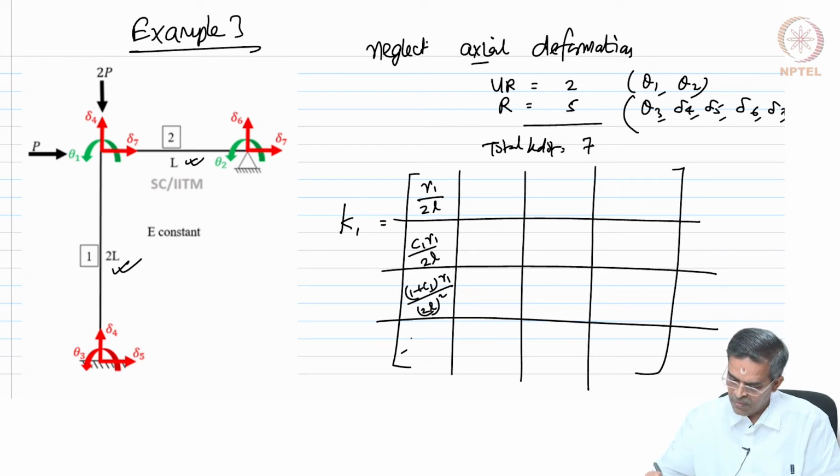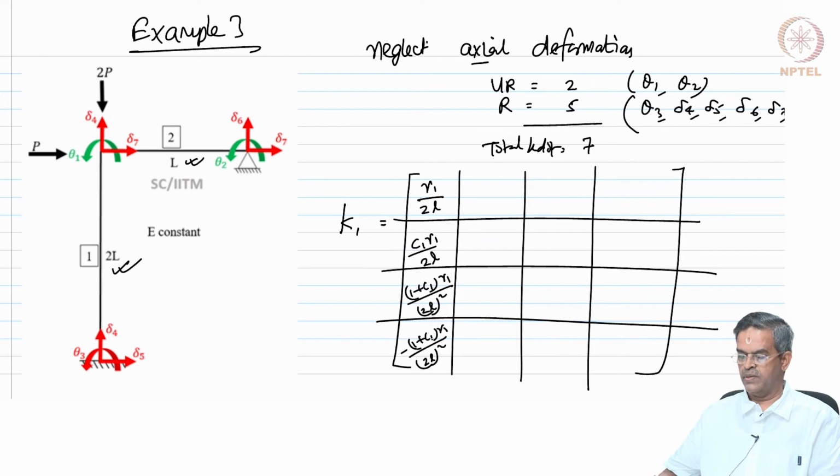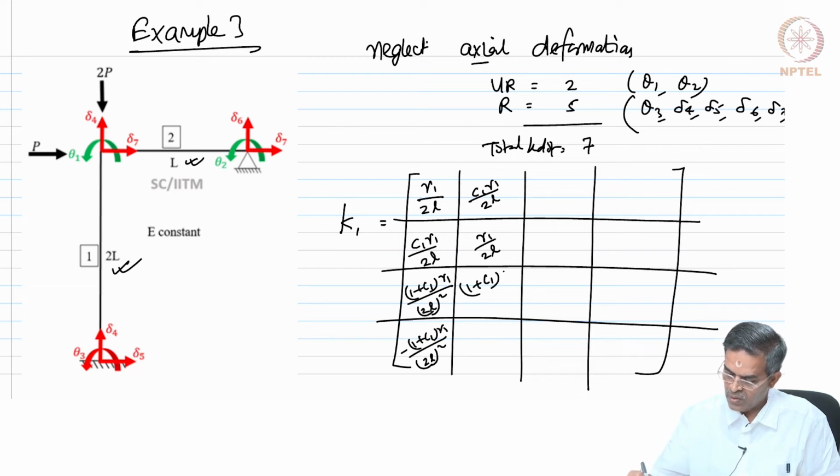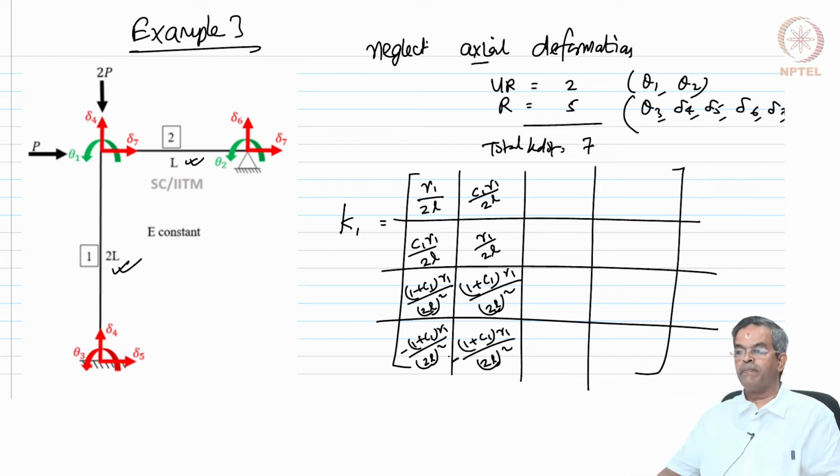So, the negative of this 1 plus C1 R1 by 2L the whole square. The second column will be C1 R1 by L, R1 by L, 1 plus C1 R1 by 2L the whole square, minus of 1 plus C1 R1 by 2L the whole square with a negative sign.